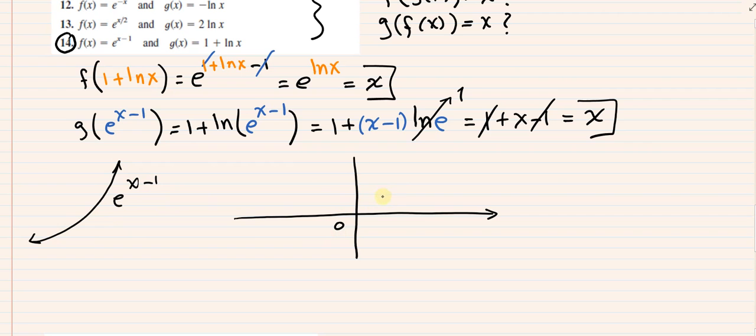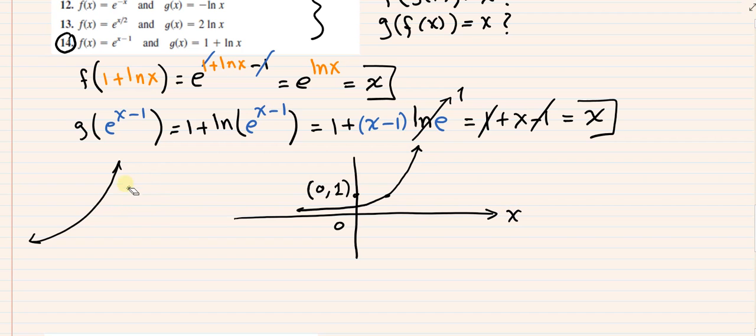So it's going to look like this. Okay, this key point 0, 1 now moves to 1, 1 because there is a horizontal shift in the graph. So that's the graph of e to the x minus 1.